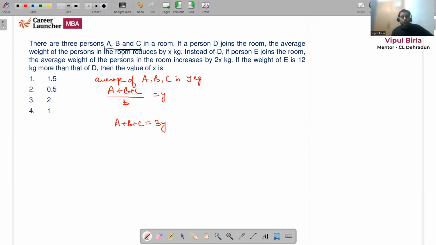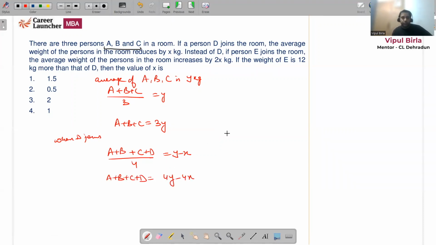Now, when D joins, the average reduces by X kg. So therefore, A plus B plus C plus D by 4 is equal to Y minus X, which gives me A plus B plus C plus D equals 4Y minus 4X.